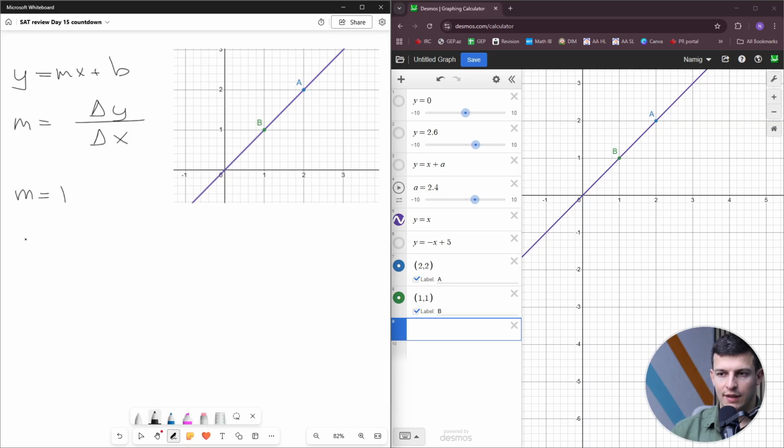At the beginning, I mentioned that there's a formula that looks something like this: y minus y1 equals m times x minus x1. Now, this is called the point-slope form. If you move the x minus x1 to the other side, it looks like the slope formula, which it is. So far, we know our m is 1.